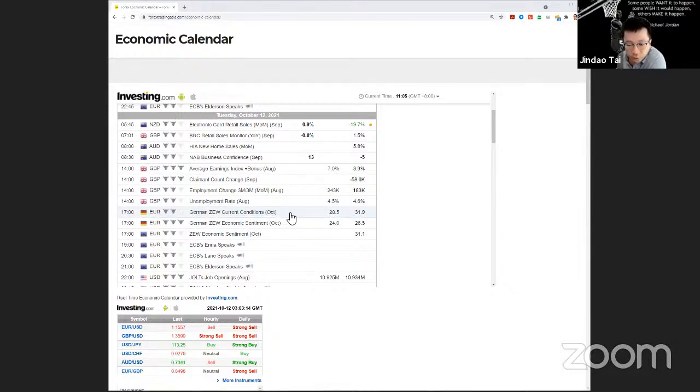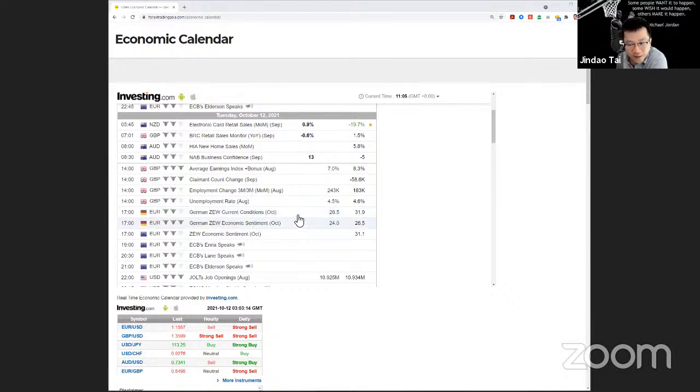Although I don't normally pay attention to individual countries' data, the German data here is quite a crucial one because it does contribute to the Eurozone quite significantly. And even if you don't know what these numbers mean exactly, it really tells you the current conditions and economic sentiment, looking to drop from 26.5 to 24, and from 31.9 to 28.5.